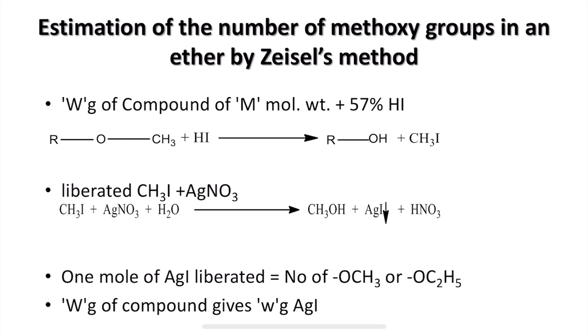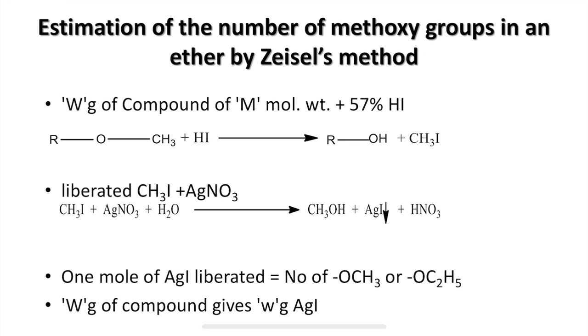And next is estimation of the number of methoxy or ethoxy groups in an ether by Zeisel's method. The reaction between an ether and hydroiodic acid is used to estimate the number of methoxy or ethoxy groups in a compound.